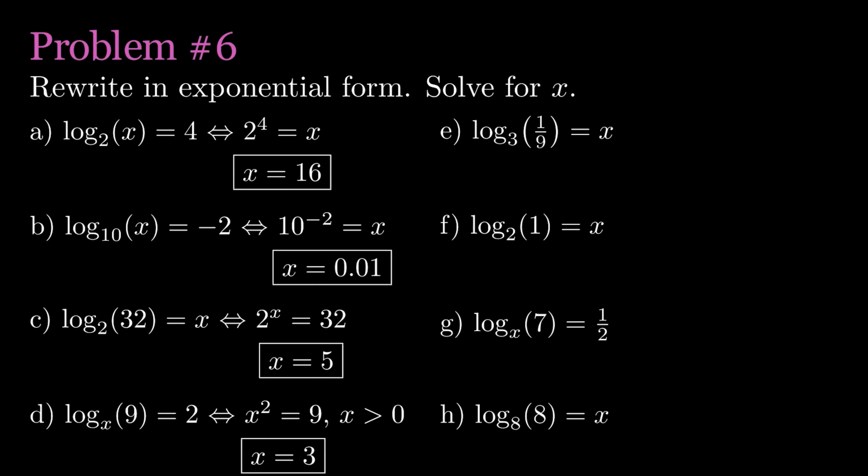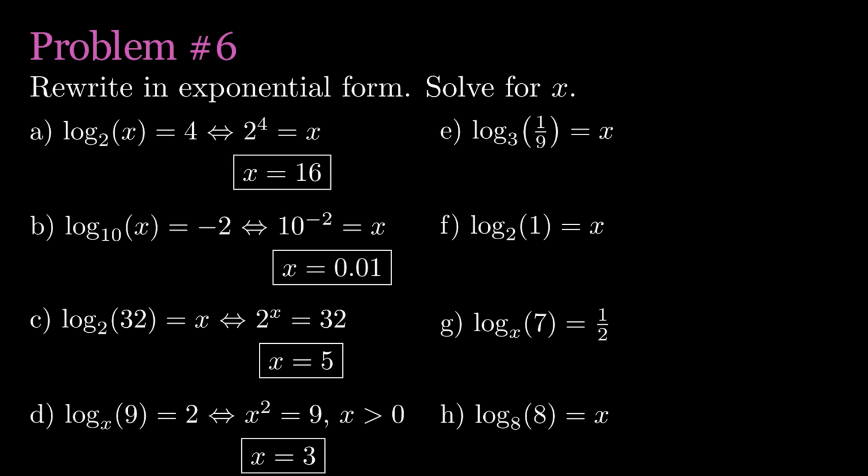In part E, again, x is on the right-hand side of our equation. The base of the logarithm is 3, that becomes the base of the exponential. X is the value of that logarithm, the exponent, and then the value of the exponential, the input of the logarithm on the left-hand side, is 1/9.